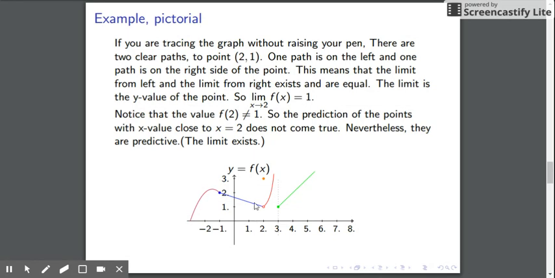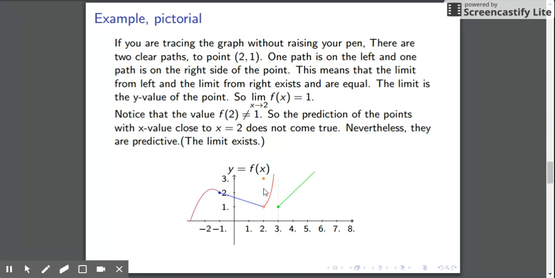Now, how about here? This part of the graph is predicting that y values are approaching 1 as x values are approaching 2. The red part of the graph is telling you that values for y are approaching 1 as x is approaching 2.